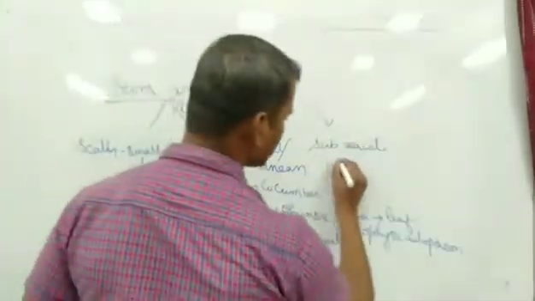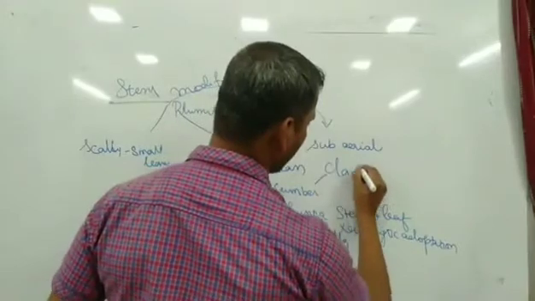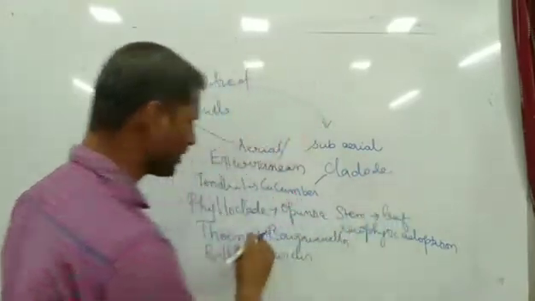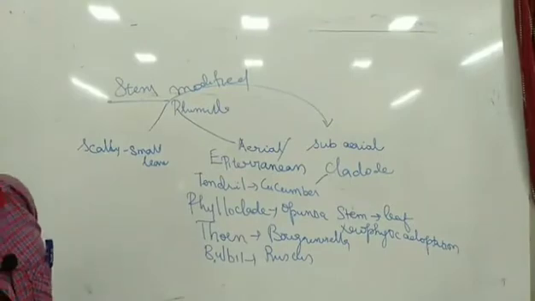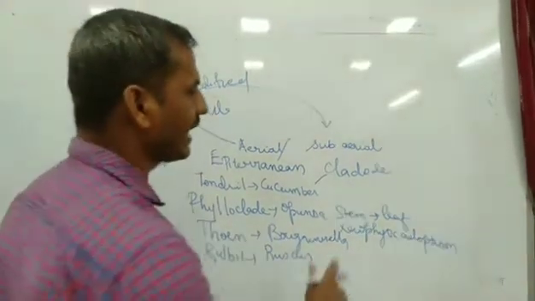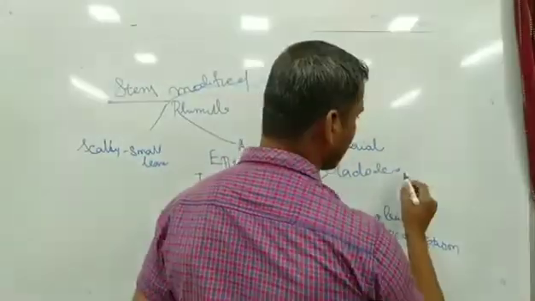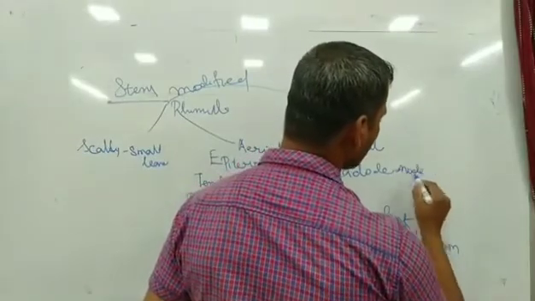I am writing here, stem modified into cladode. What is the difference between phylloclade and cladode? In both the stem is modified into leaf, but here, instead of the stem, the node or petiole regions are modified.